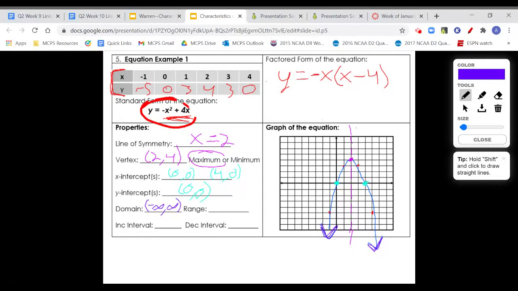Okay. Then we are going to talk about the range, and the range is the y values. So I'm looking bottom to top, what values are not covered as a part of this function. And you'll see that the maximum of my function we talked about was that vertex. My function never gets above 4, right? So my function starts the whole way down here, and all the way up to here.